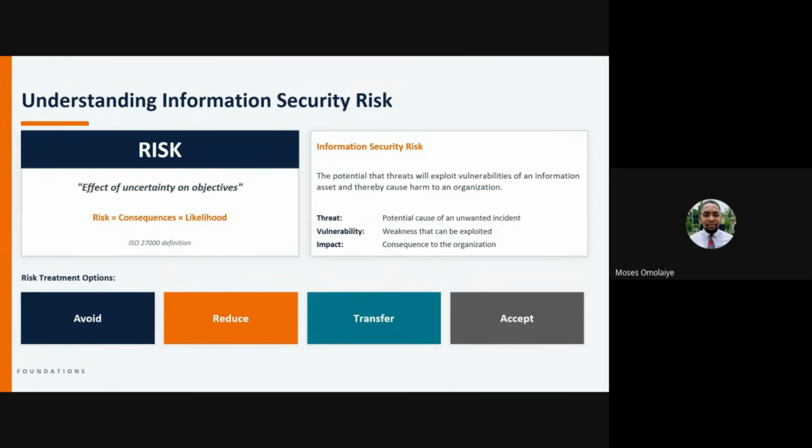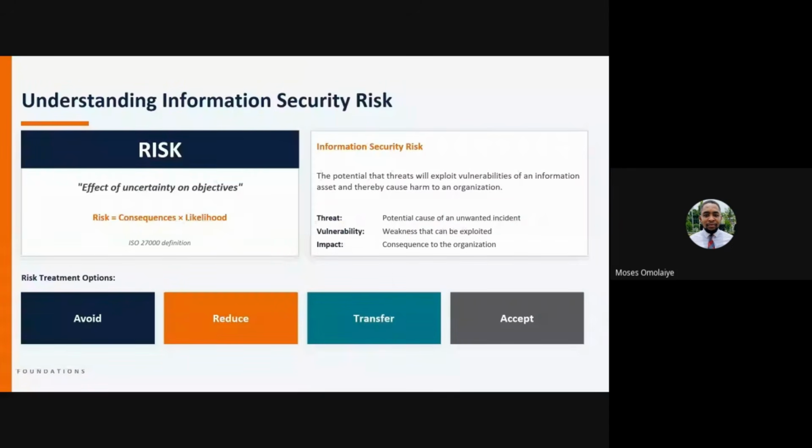So how you calculate risk is the consequence or the impact of that risk times the likelihood. What is the likelihood that the risk would happen? So now when we talk of information security risk, basically this is the potential that a threat or threats would exploit vulnerabilities of an information asset and will cause harm to the organization.